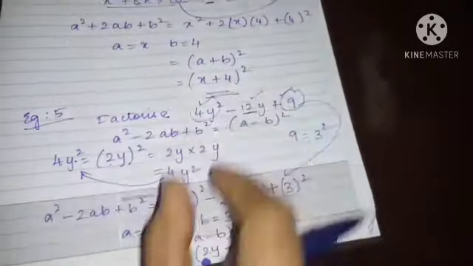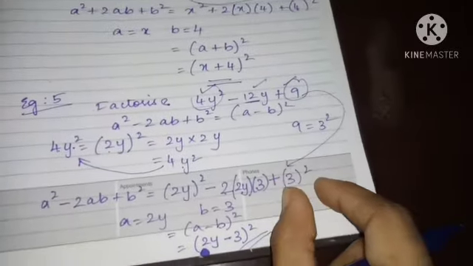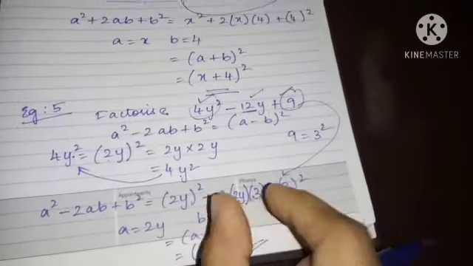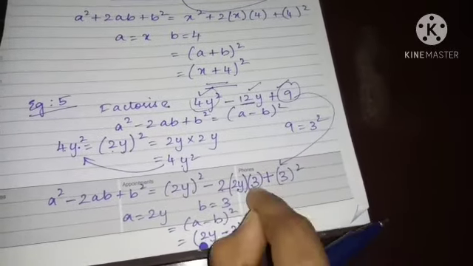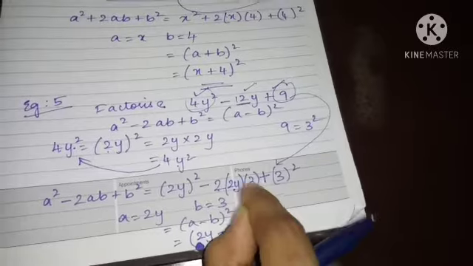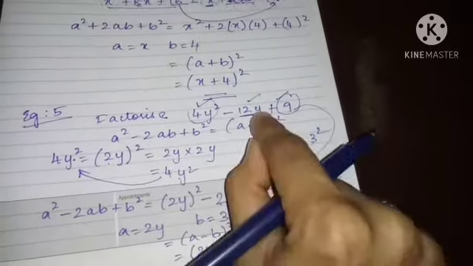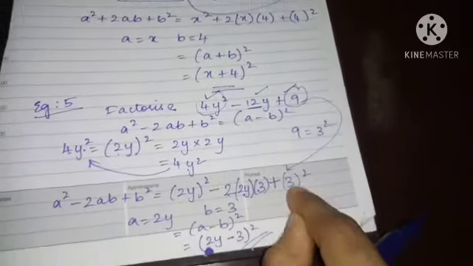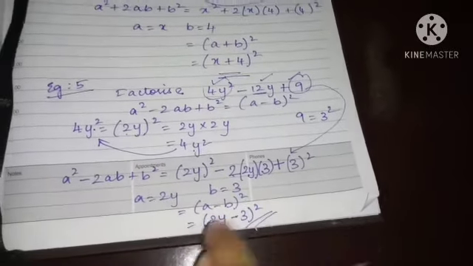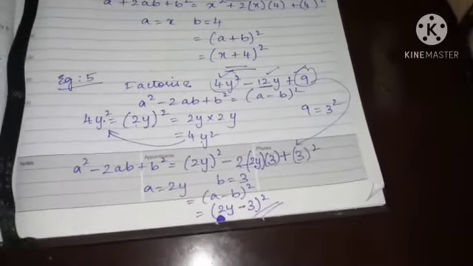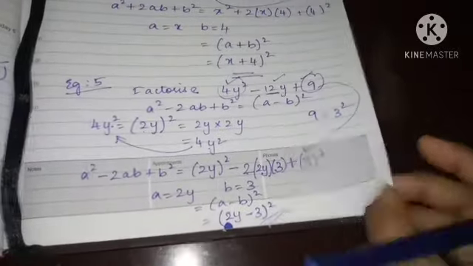So this term I am writing like this, 9 as a square. Now comes the in-between term 2ab. A is 2y, b is 3. 2 2s are 4, 4 3s are 12. You are getting it. So completely this equation can be written like this. A value got, b value got. A minus b the whole square, 2y minus 3 the whole square. You got it, right?